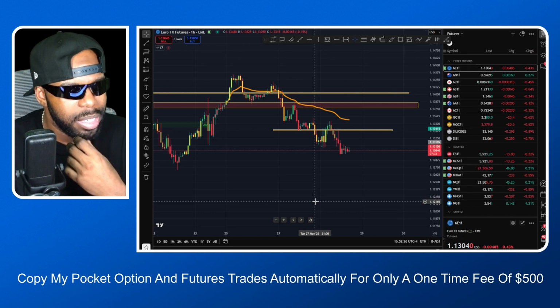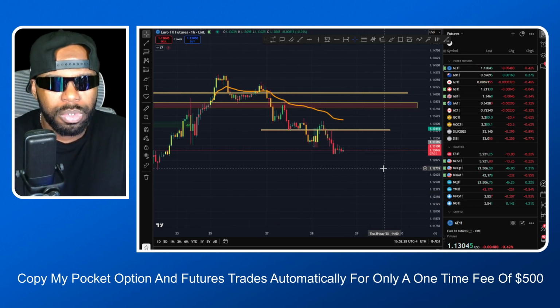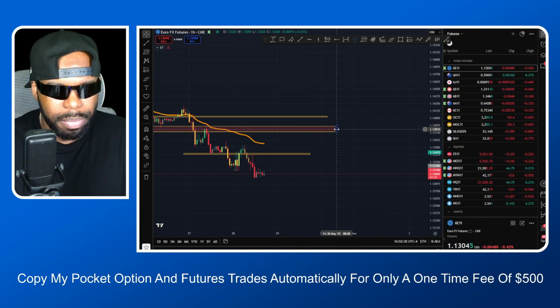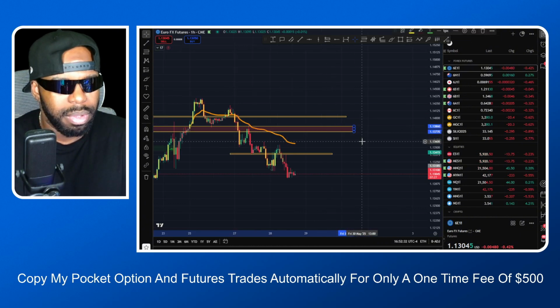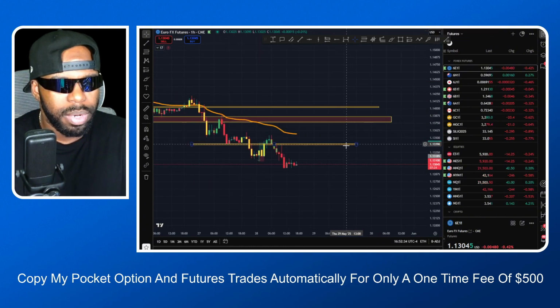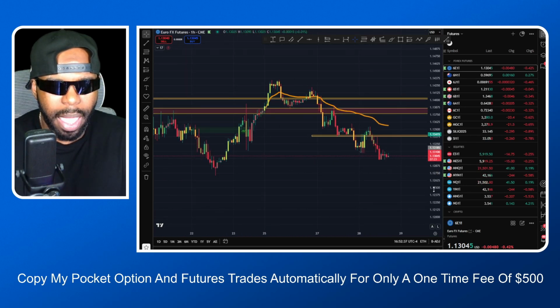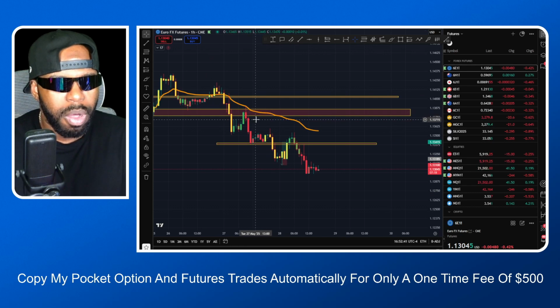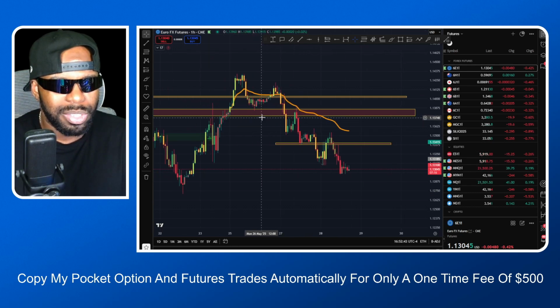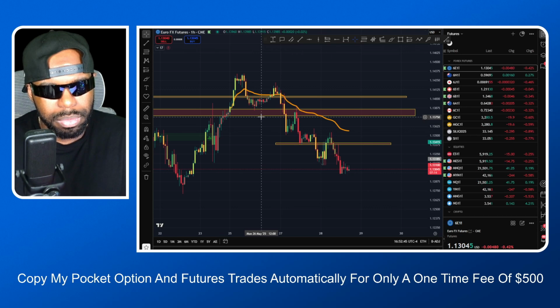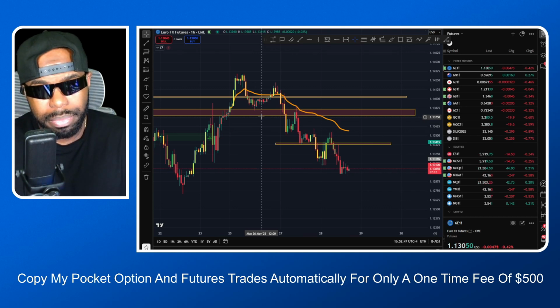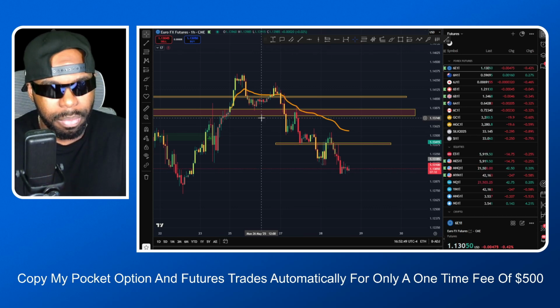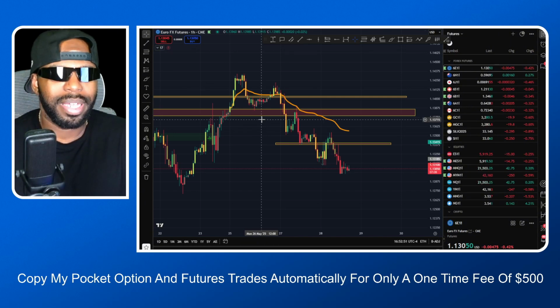So yeah, let's go ahead and mark up some charts here. Okay, so normally, what I like to do, all right, let me actually delete this stuff here. I'm going to show you an example of what happened today. You see this zone right here? I usually draw my session zones from 8 a.m. to 5 p.m. Eastern Standard Time.